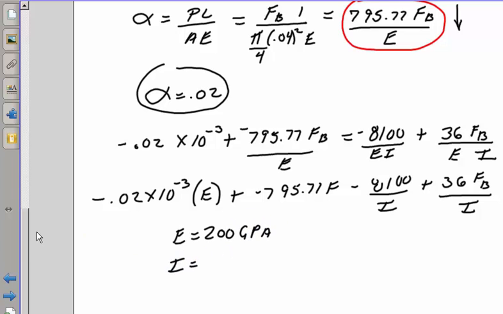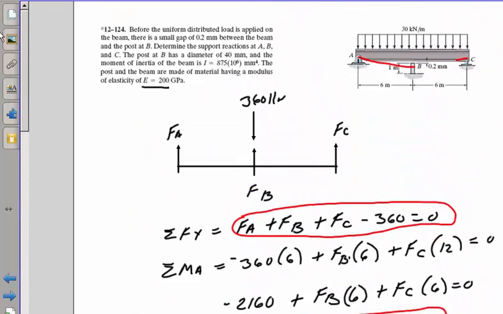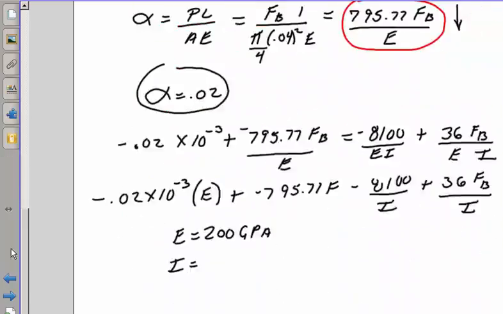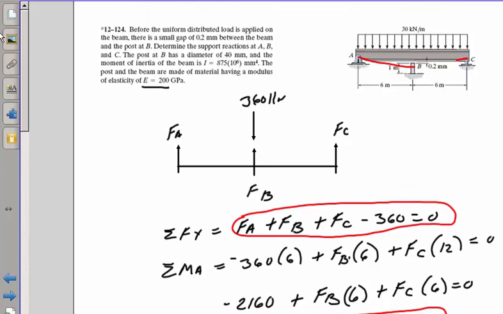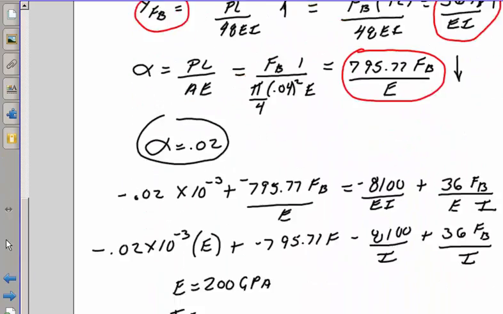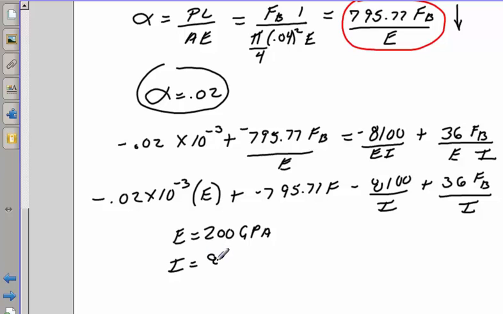The I value is listed as 875 times 10 to the 6 millimeters to the fourth, so we'll make that times 10 to the minus 6. We'll do the 200. That's in gigapascals, so it means 10 to the 9th. Okay, all you have to do now is put that in here.